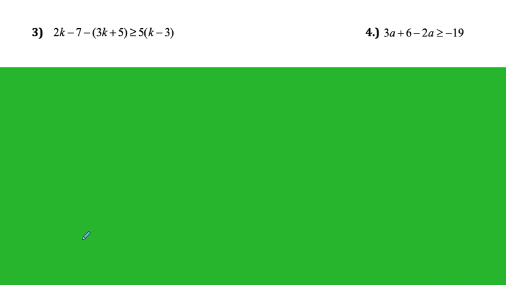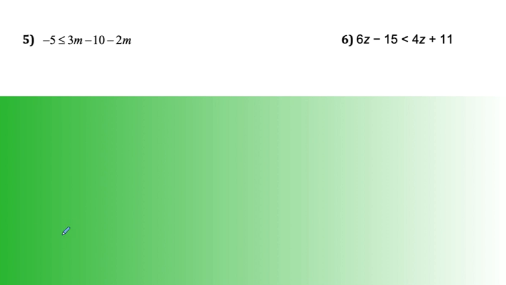Number 3, I got k is less than or equal to a half. For number 4, I got a is greater than or equal to negative 25. For 5, I got that m is greater than or equal to 5. And for 6, I got z is less than 13.